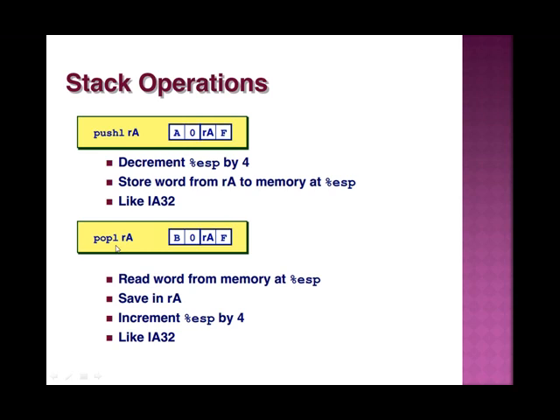Then the pop operation, popl rA. This is used for retrieving the value. This is the encoding B0 rA F. Only this is different, this is A, this is B, and these are the same.